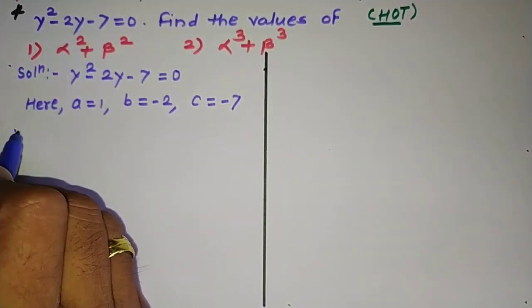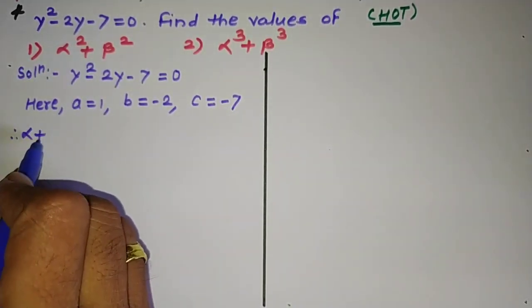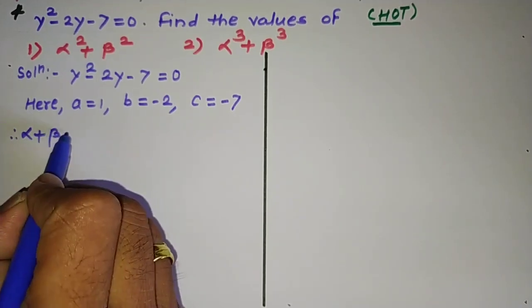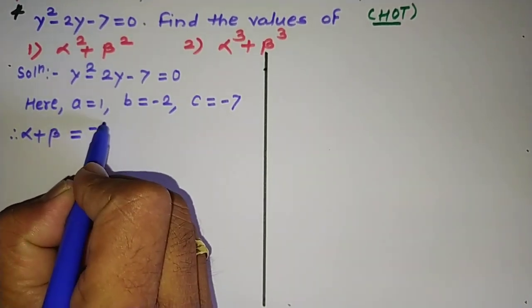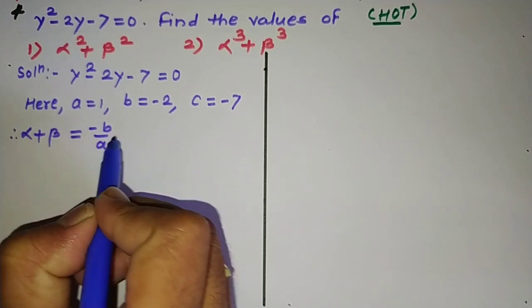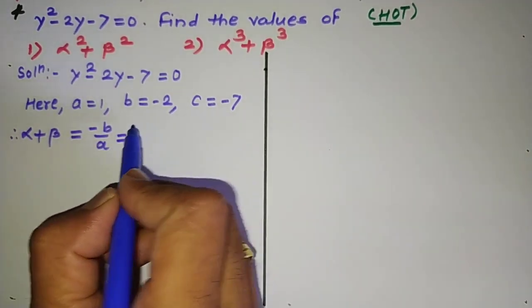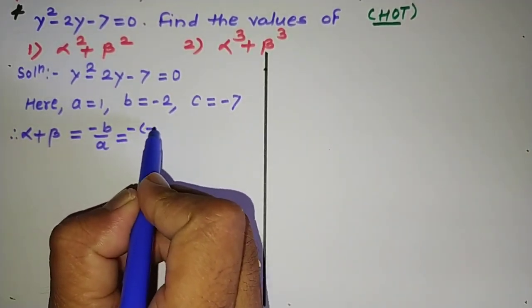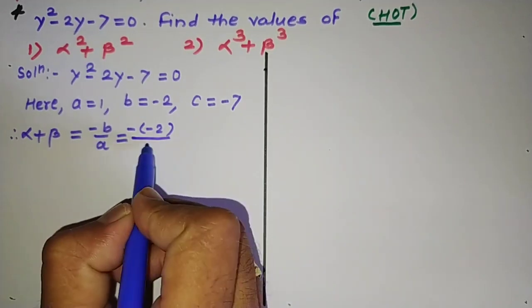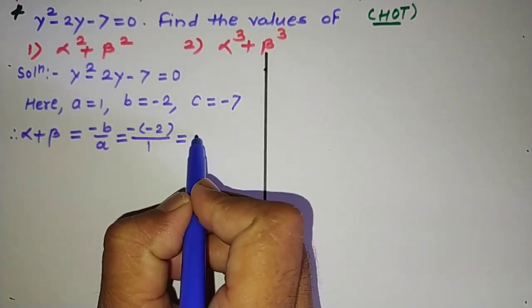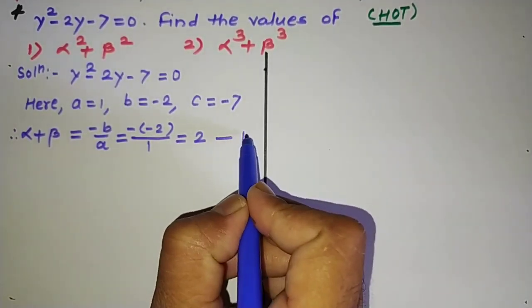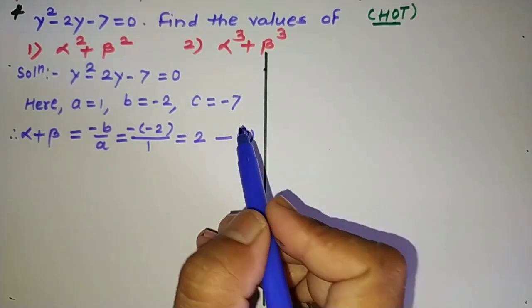Find the value of the sum of two roots. Alpha plus beta is equal to minus b upon a. Value of b is minus 2 and value of a is equal to 1. Minus minus plus 2. This is the first equation.